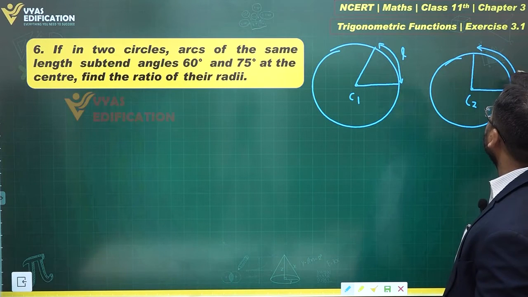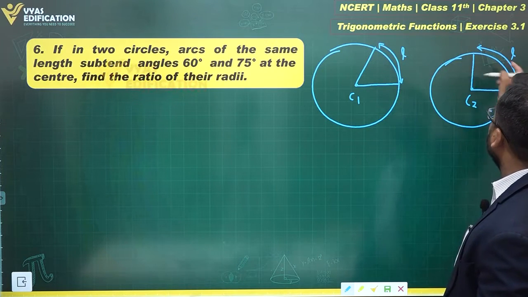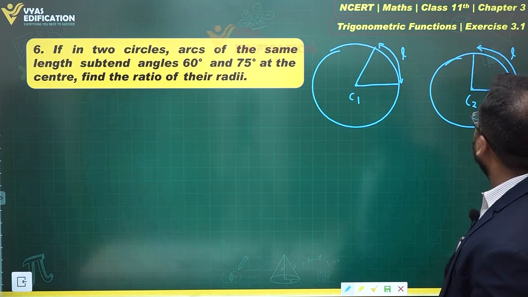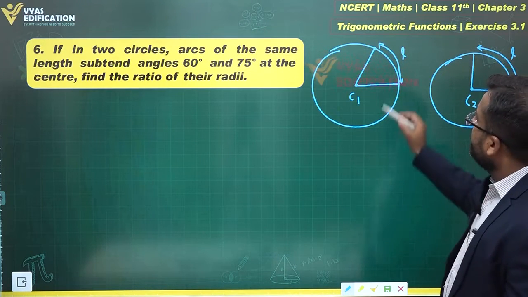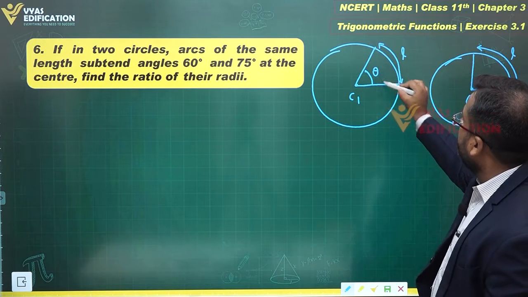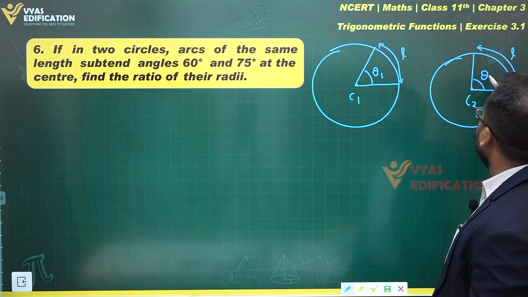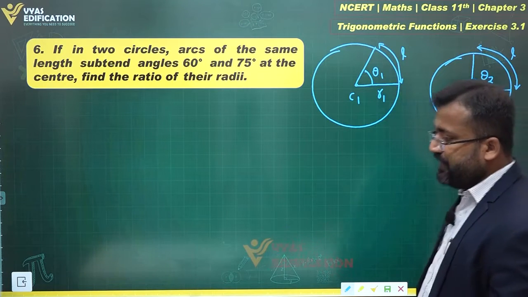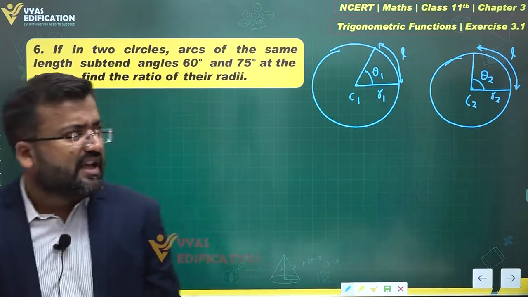This is a smaller circle, so a bigger angle would be formed over here for obtaining the same arc length, right? This angle would be theta 1, this angle would be theta 2. Let's call this radius 1, this radius 2. That's the diagram of the circles.